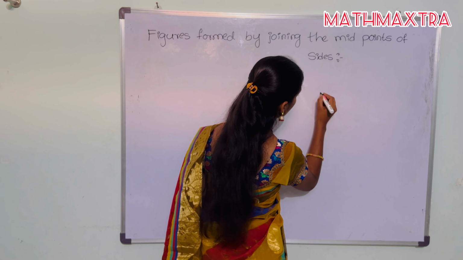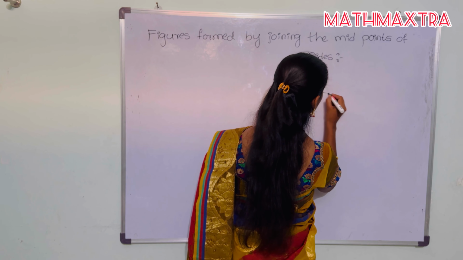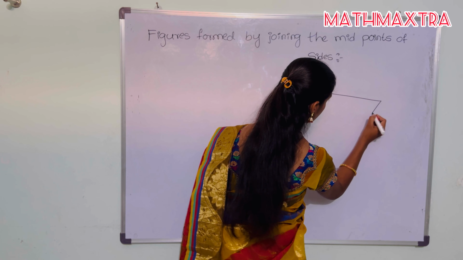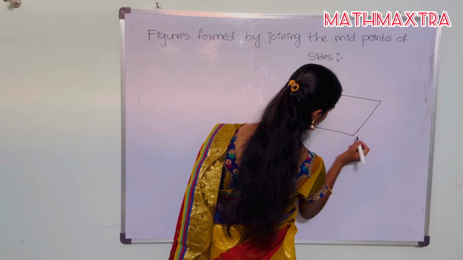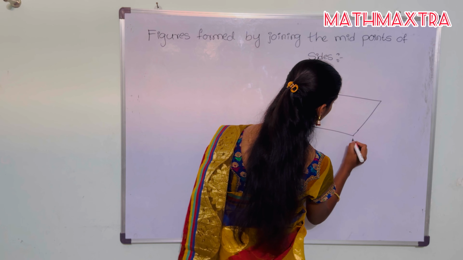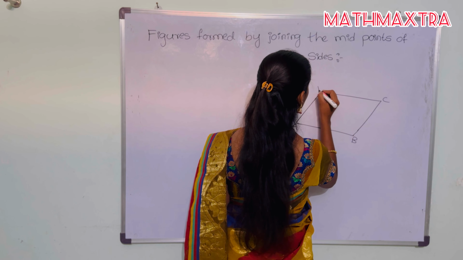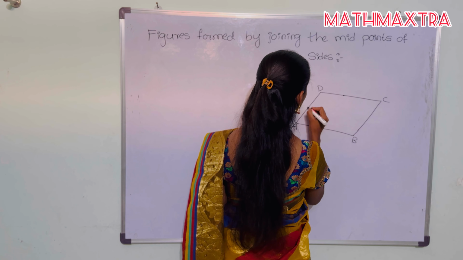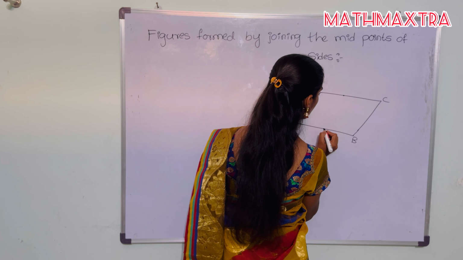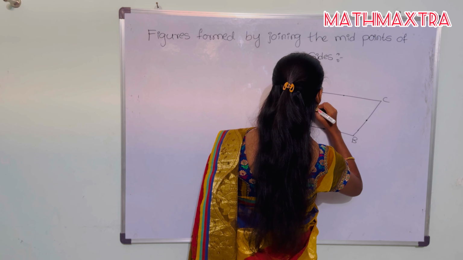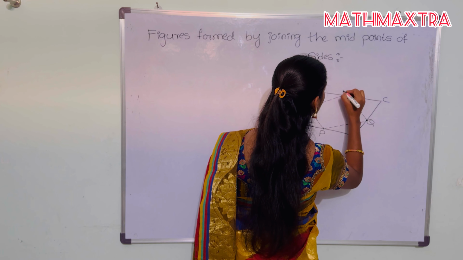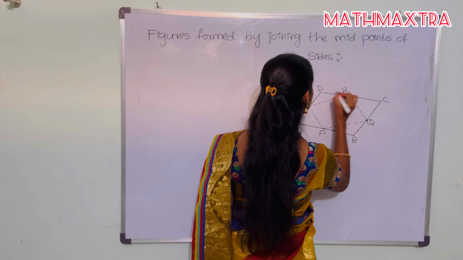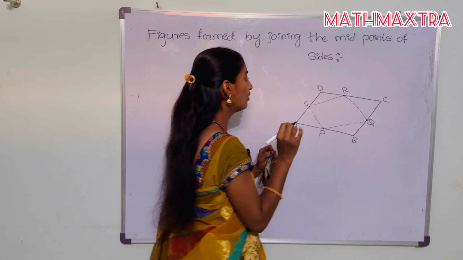I am considering a parallelogram. This is a parallelogram ABCD. Now I am joining the midpoints of all the sides. So we have to identify which type of quadrilateral PQRS is. Okay.